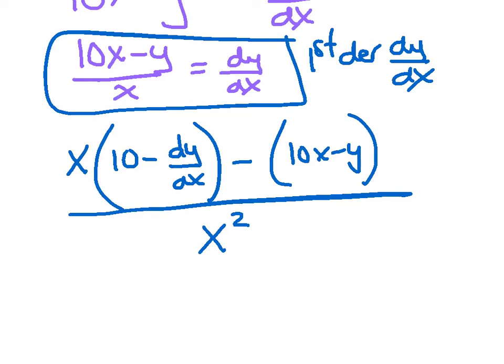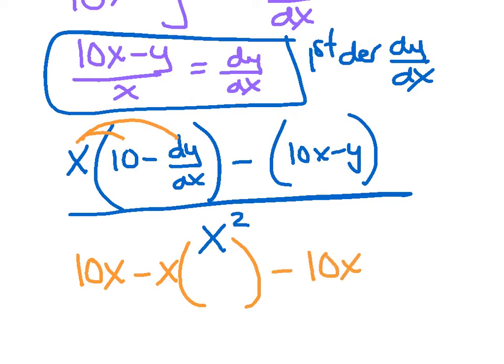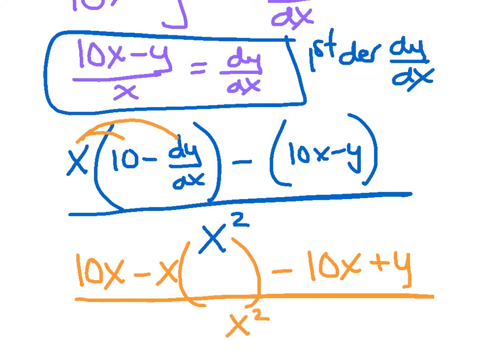Now the neater you write, typically, the easier it is to solve this problem. I'm going to take this x and multiply it through here. So I've got 10x minus x times dy/dx, which I'm going to leave blank for a moment, minus 10x plus y all over x squared.